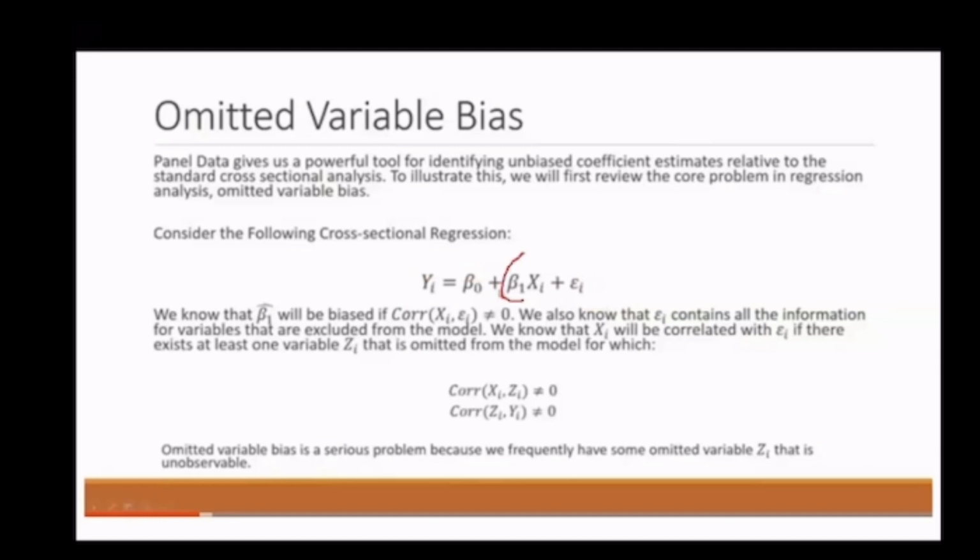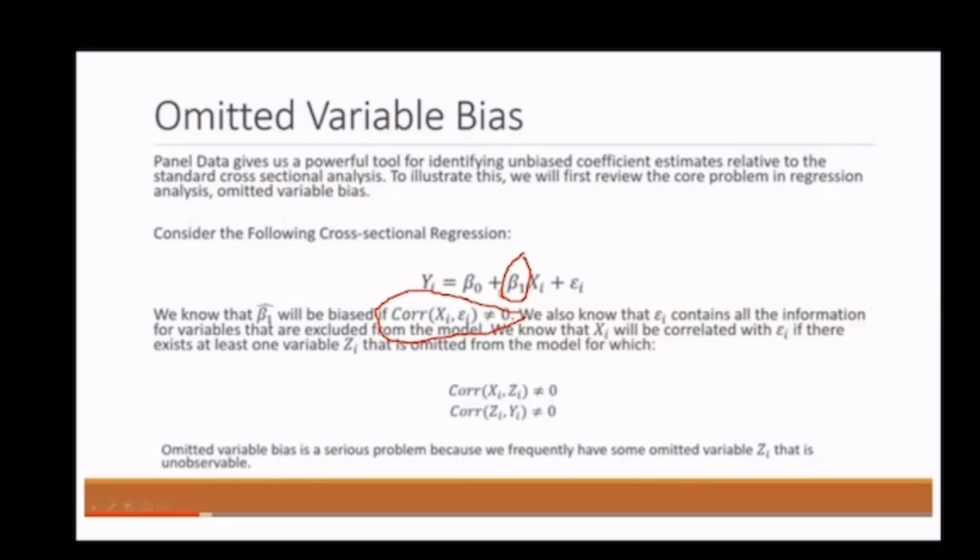The only condition under which beta one will not be biased is when there's no correlation between the predictor and something that is not observed. The error is what we did not observe. Does that make sense? The error is any other variable that could have an effect on the response that our model doesn't capture at the moment.